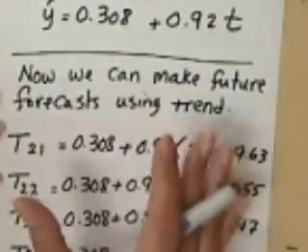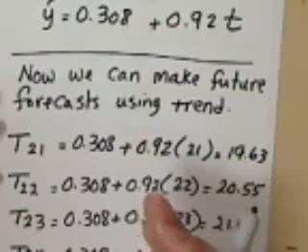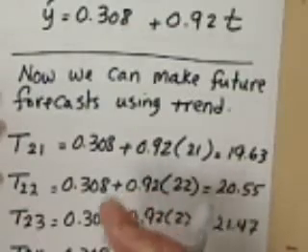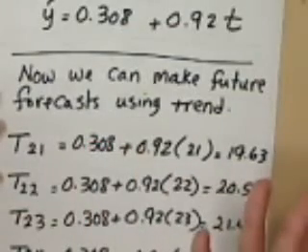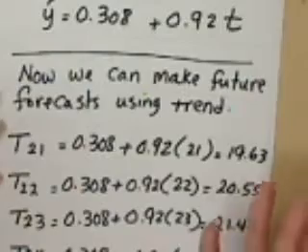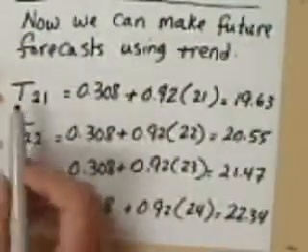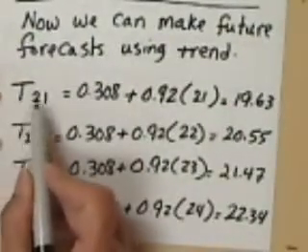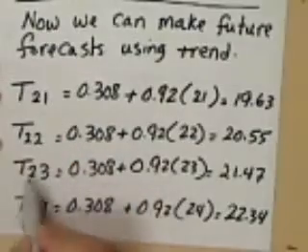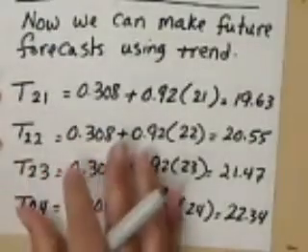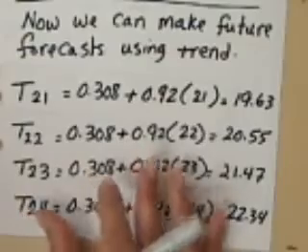They will not have seasonality in them because the seasonal indexes were used to remove seasonality within the data. So let's make our trend forecasts. That's why I call it T21, T22, T23, and T24, to designate that there is only trend in the data.